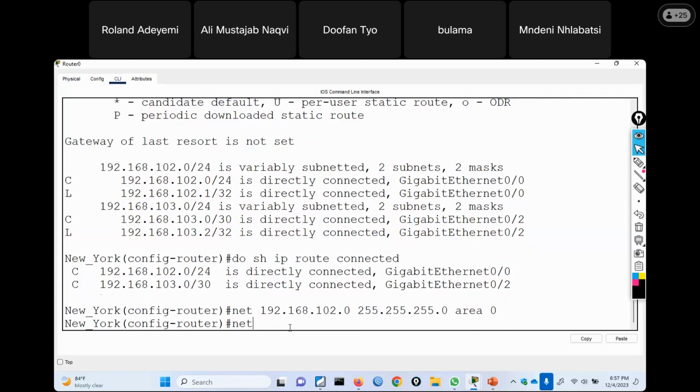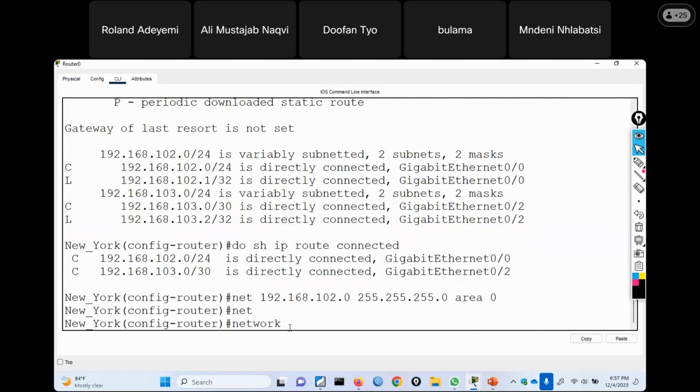Then network again, 192.168.103.0. That is our one link /30, which is 255.255.255.252. Then area 0.